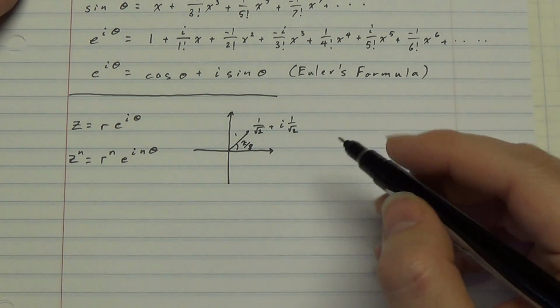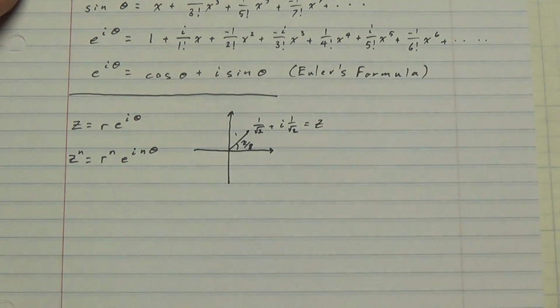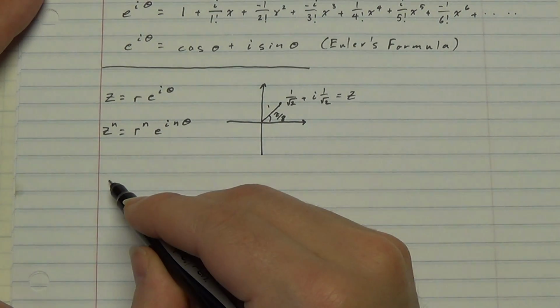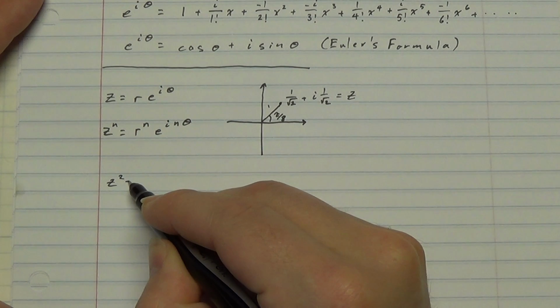And let's try to square this number. So this is z, and let's evaluate z squared.